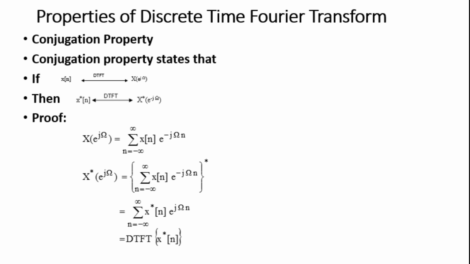Then X star of e power j omega is equal to summation n is equal to minus infinity to infinity x of n into e power minus j omega n whole star, which is equal to summation n is equal to minus infinity to infinity x star of n into e power j omega n, which is equal to DTFT of x star of n.